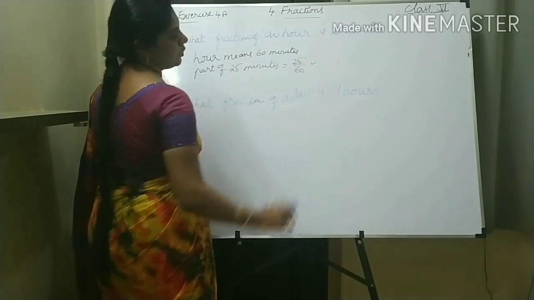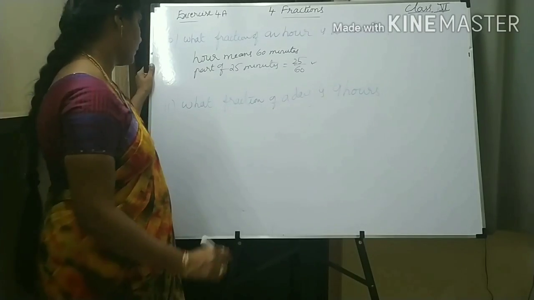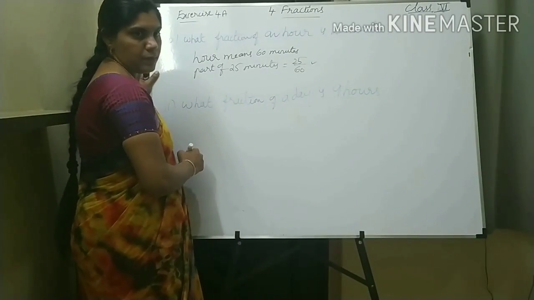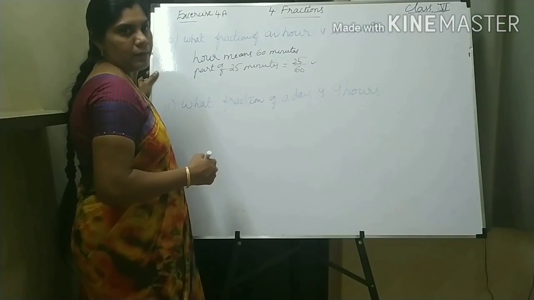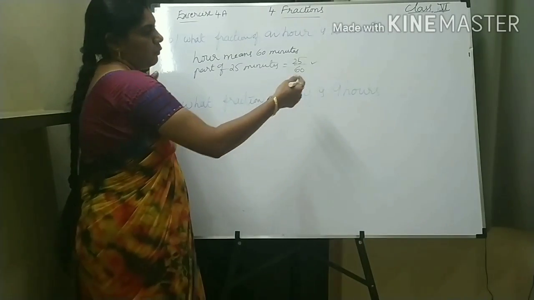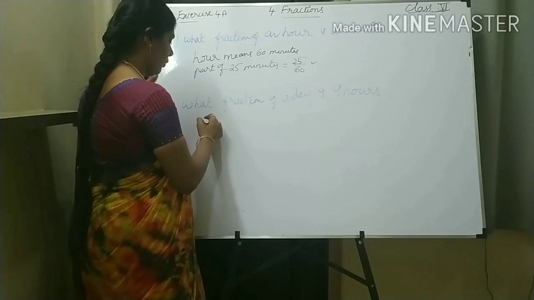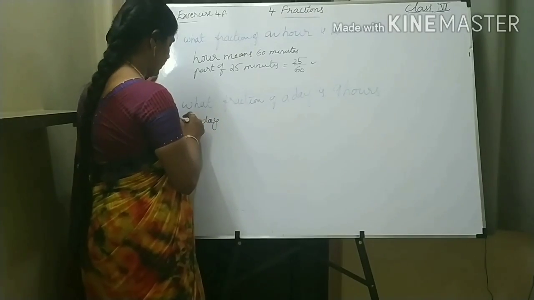No need to convert into simplest form. Okay, next: what fraction of a day is 9 hours? In a day, what is the fraction of 9 hours? How many hours per day?